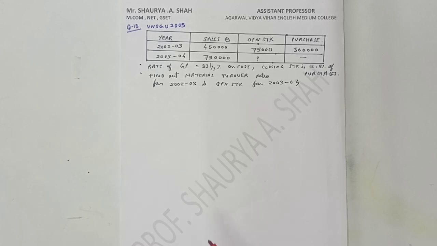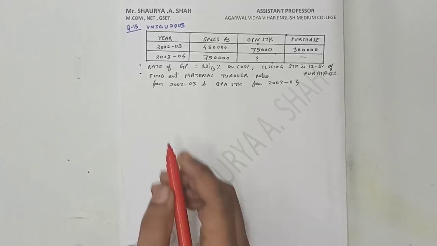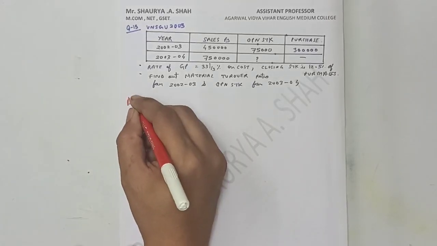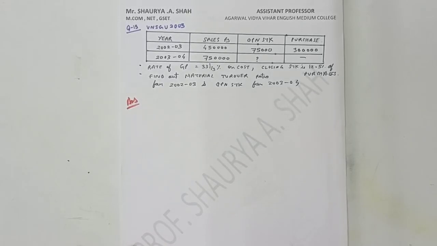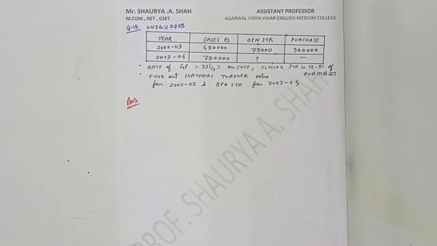And then I need to find out the cost of goods sold also, that is my adjusted purchase, because I am not having it anywhere in the sum, fine. So we shall begin with the first information which is already given, and then we can start with the rest of the calculation part. So what is being given? I know one thing, closing stock is 12.5% of purchases, right?